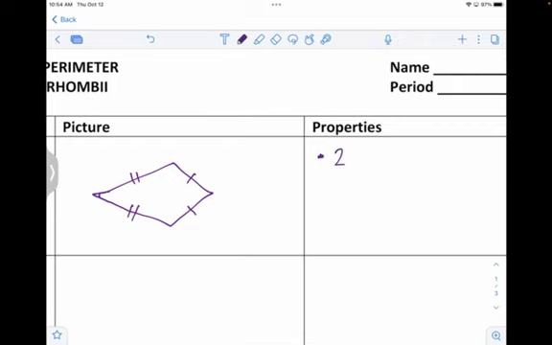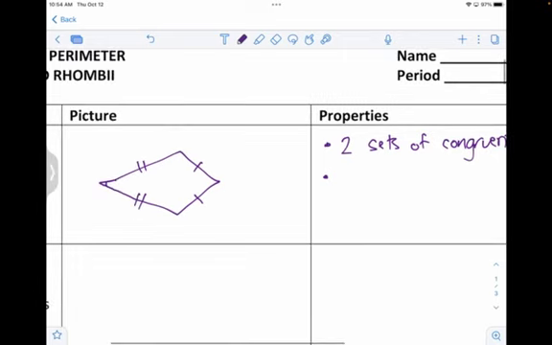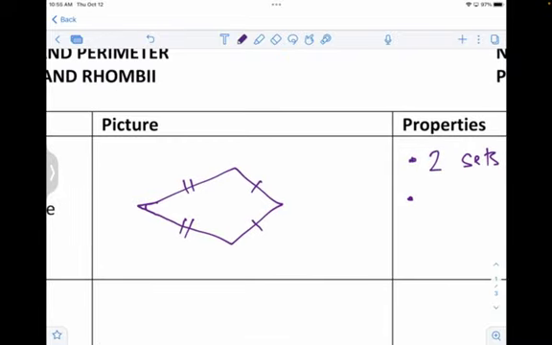So the kite has two sets of congruent sides. And there's one more property that you probably don't know, but you might like, it might be very intuitive, it makes sense. So here's what that property is.